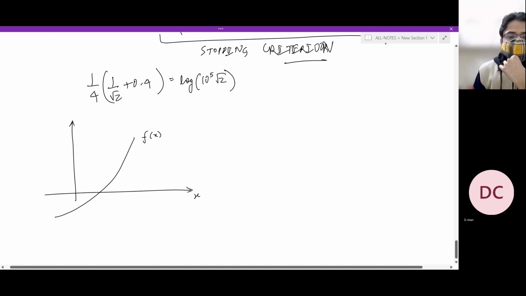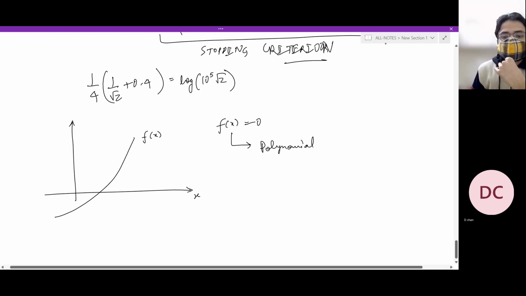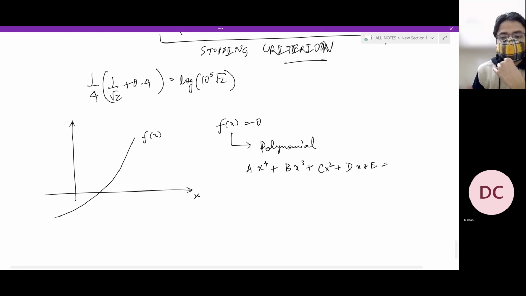And you need to solve for f of x equals 0, okay? Now this f of x could be a polynomial, of the form ax to the power 4 plus bx to the power 3 plus cx to the power 2 plus dx plus e equals 0.